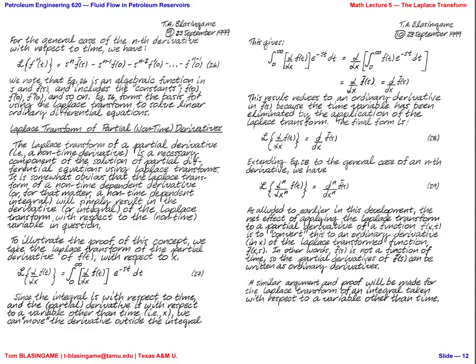So in general, if you apply the Laplace transform in terms of t to a derivative in terms of x, you have the derivative in x of the Laplace transform of that function, right?